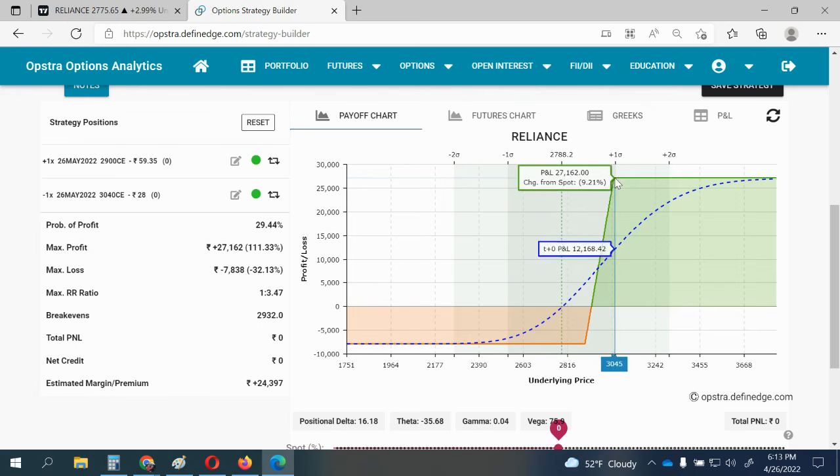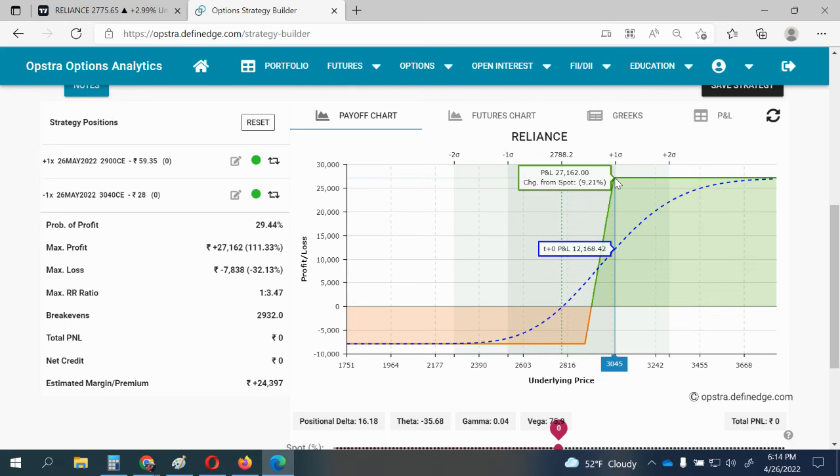You will get a profit of 27,162. If you look at the green color box, that is your expiry profit. I cannot hover my mouse, because everything will disappear, so just focus on the green color box. 27,162 is the profit you will get on expiry day, which is almost 110% on the capital deployed.